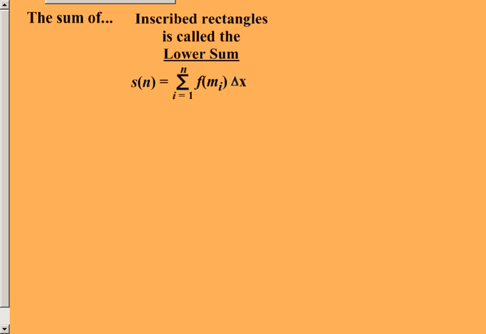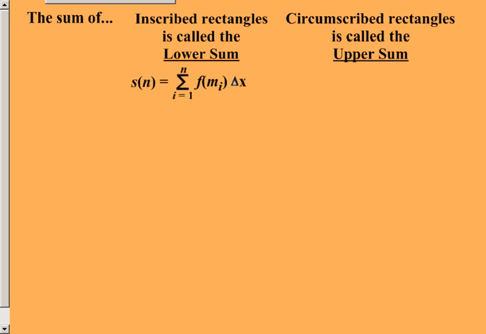Okay, so our lower sum, lowercase s of n, is equal to the summation from i equals 1 to n of the function at the minimal values, m sub i. So just using the lowercase notation there, whereas your circumscribed rectangles are called your upper sum. So we use capital notation here to differentiate between the lower sum and the upper sum.